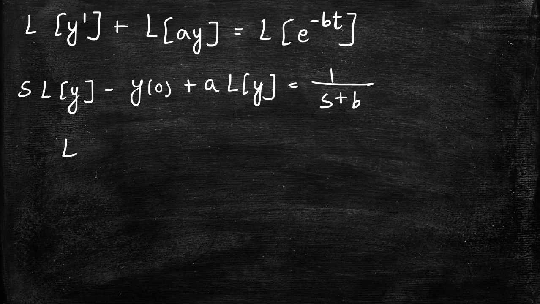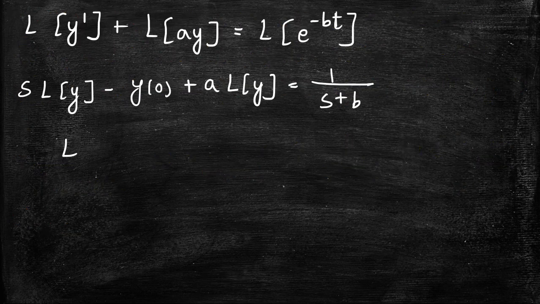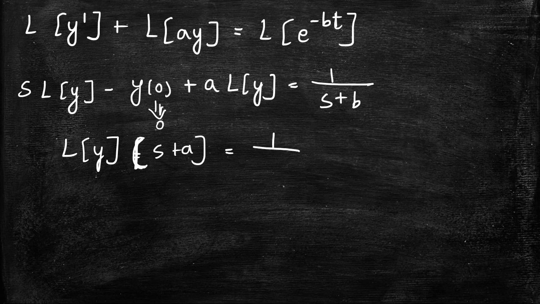The initial condition says that y of 0 is 0, so this term will go to 0, and on taking L of y common, I am going to get s plus a times L of y is equal to 1 by s plus b. I need the Laplace transform of the solution, and the solution should be with respect to y, right?